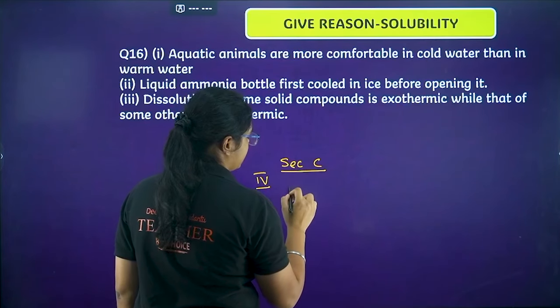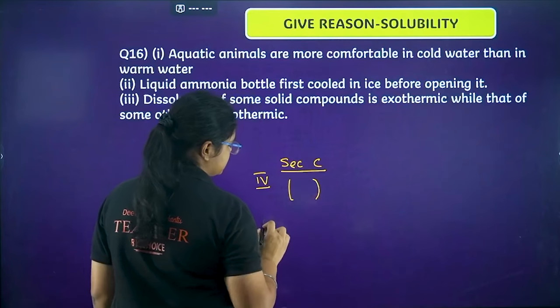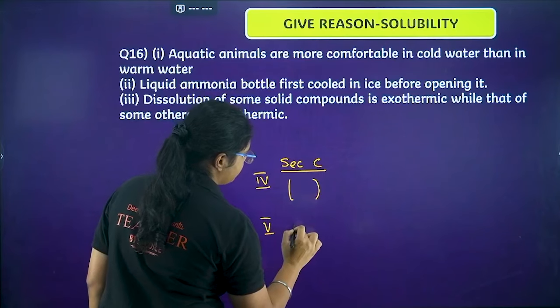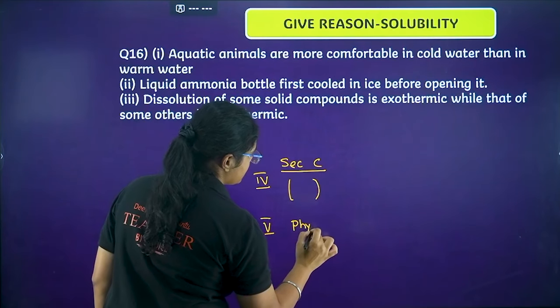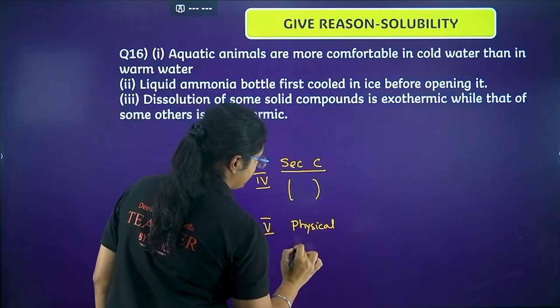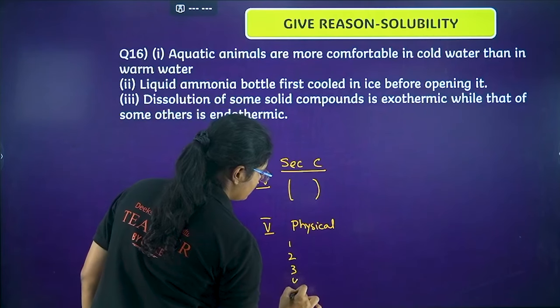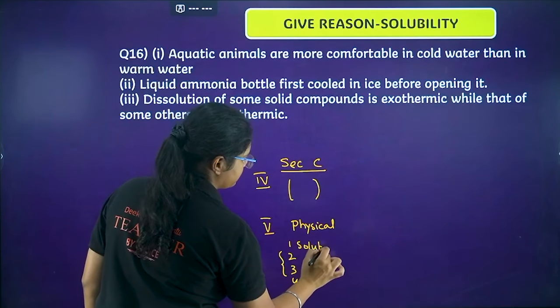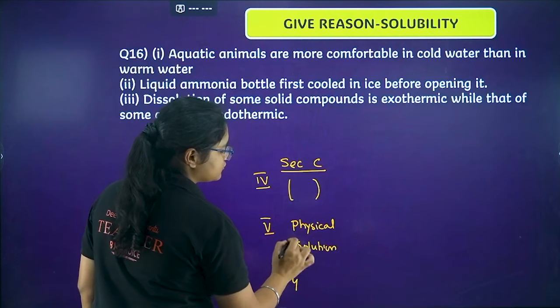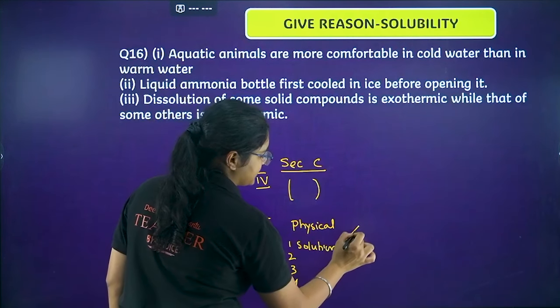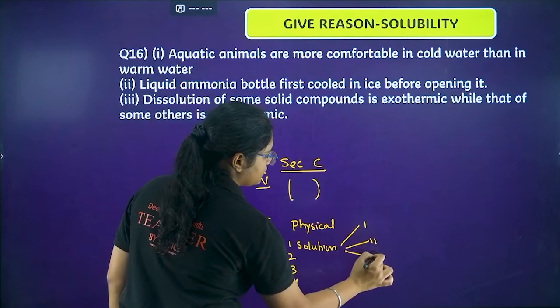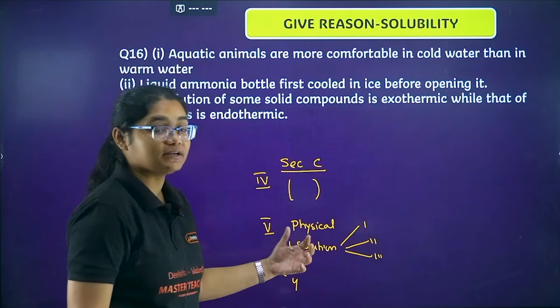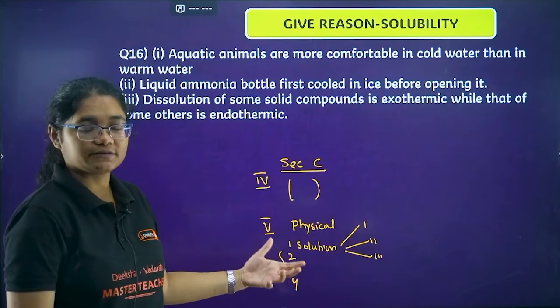You will have inorganic 3 marker questions here. Then in question number 5 you have physical questions. In that you will get 4 questions. 2 will be from electrochemistry and 1 question will be from solutions. But generally what I have found, this 3 marker question is like this: you will have 3 bits and they will be asking you some reasoning questions here. That is what has been found in the trend.